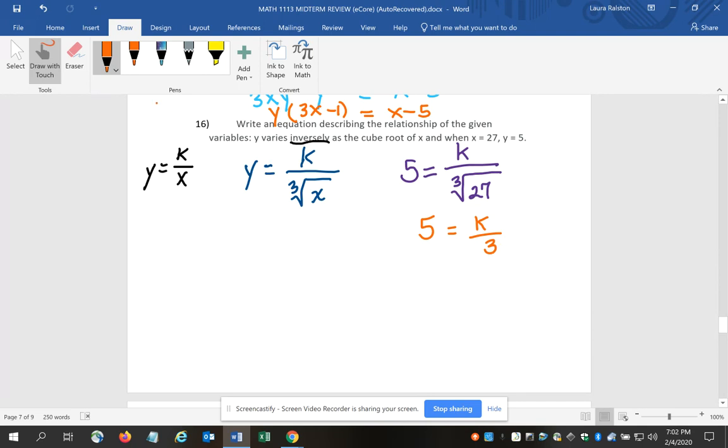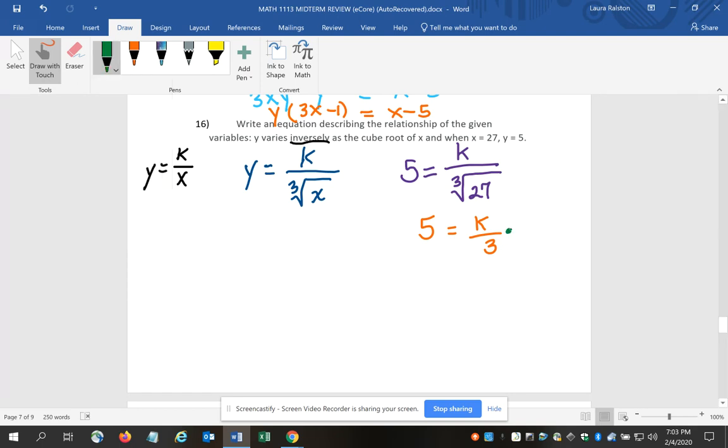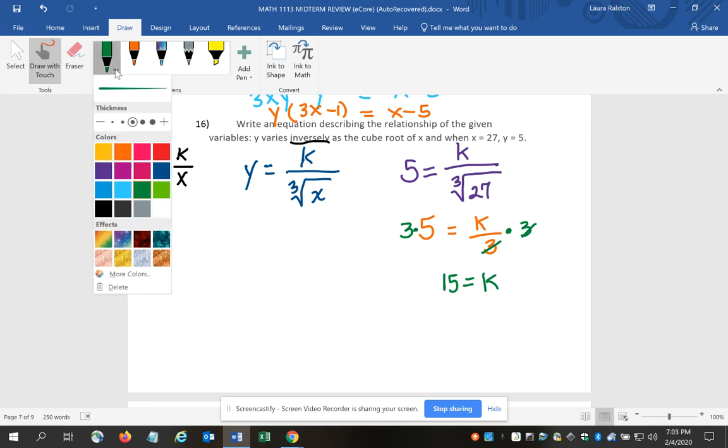Again, I'm trying to solve for k, so then I need to undo the division by 3. So I'm going to multiply both sides by 3. So I have 3 times 5 is 15, and that equals k. So ultimately, they want the equation that gives that particular specific relationship.